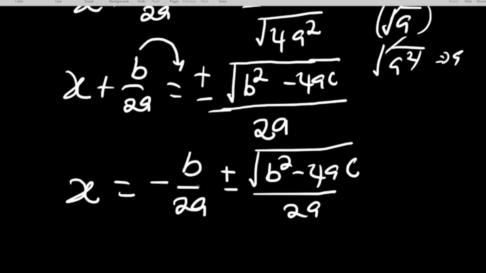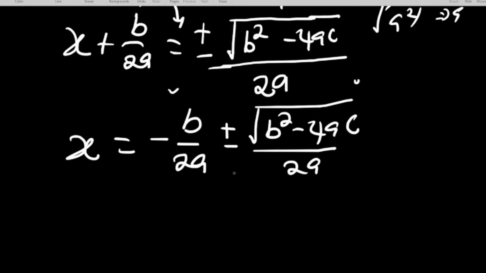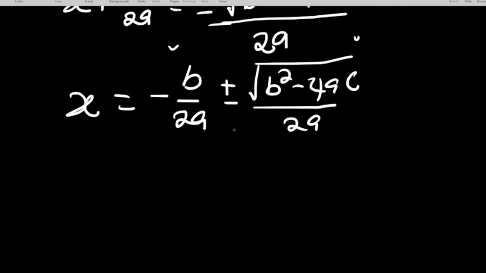Now, we have two fractions here, fraction 1 and fraction 2. They have a common denominator. And since they have a common denominator, what do we do in this case? We can simply pick one of the denominators and add or subtract the fraction.